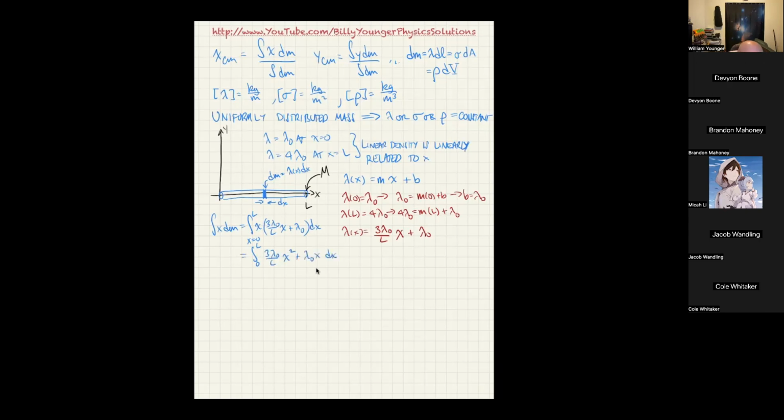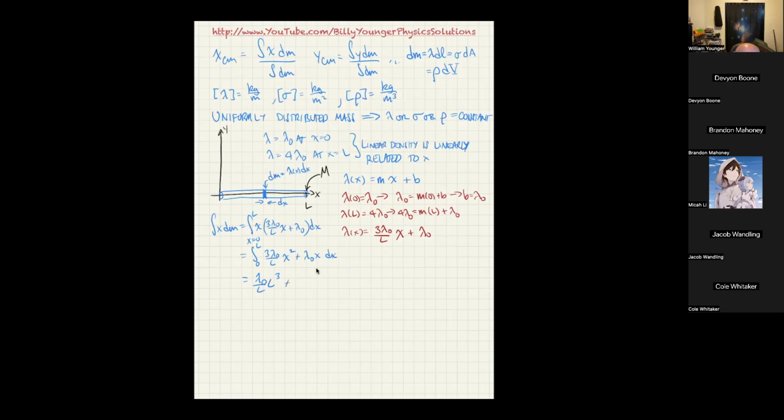When I integrate x squared, that's going to become 1/3 x cubed, and then I evaluate it at 0 and L, it's just going to be 1/3 L cubed. So I'm going to get lambda 0 over L times L cubed. Obviously, one of those L's is canceling out. Now, when I do the integral of lambda 0 x, that becomes 1/2 x squared, which becomes 1/2 L squared.